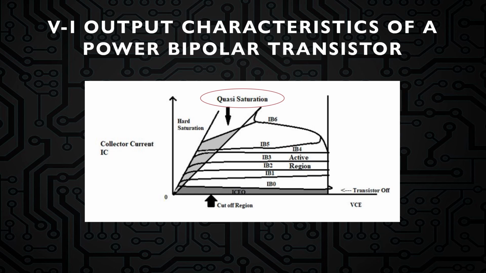This type of saturation is observed in medium frequency applications, whereas in the hard saturation region, the transistor requires a certain amount of time to switch from on to off or off to on state. This type of saturation is observed in low frequency applications.